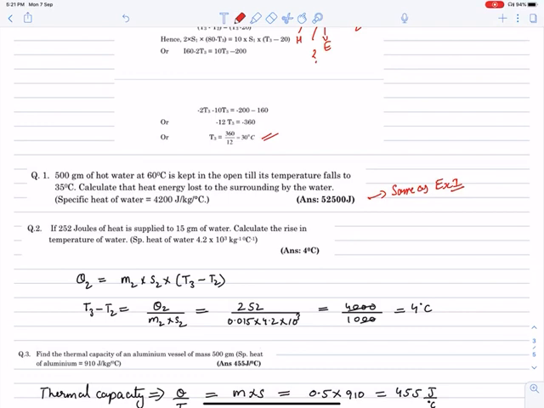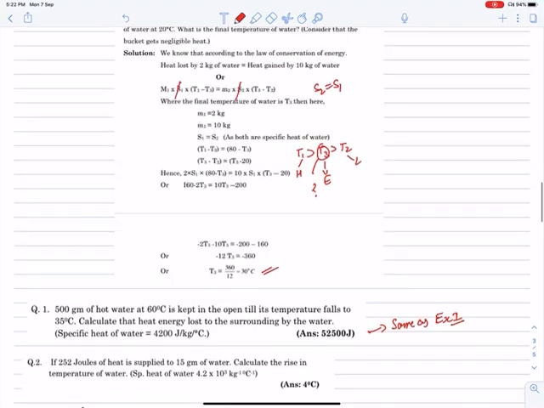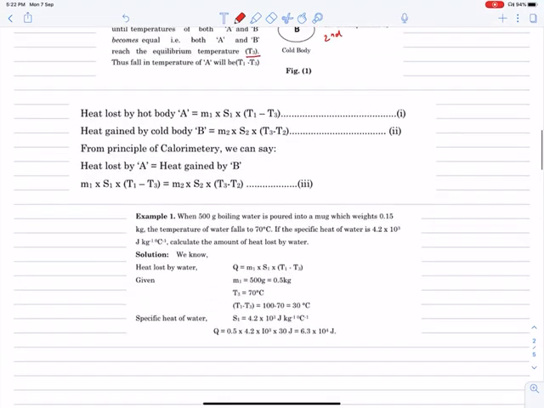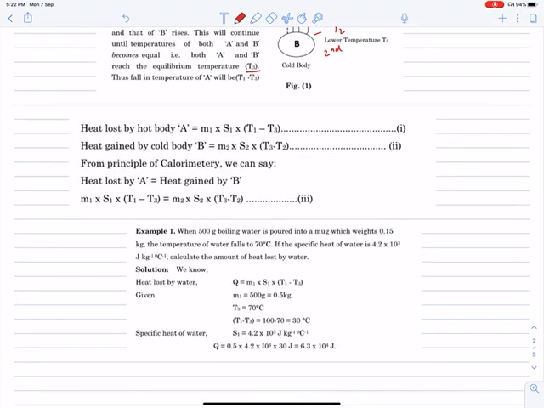Now going to question number 2. If 250 joule of heat is supplied to 15 gram of water, calculate the rise in temperature of the water. It is asking for the rise in temperature, which is given by equation number 2.